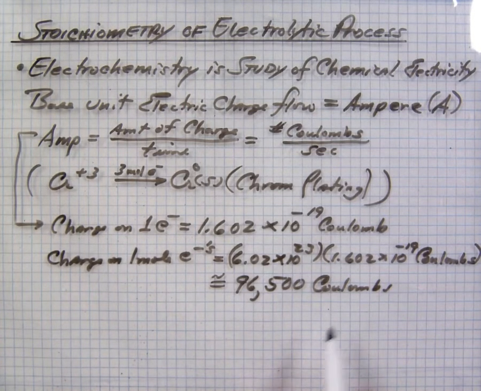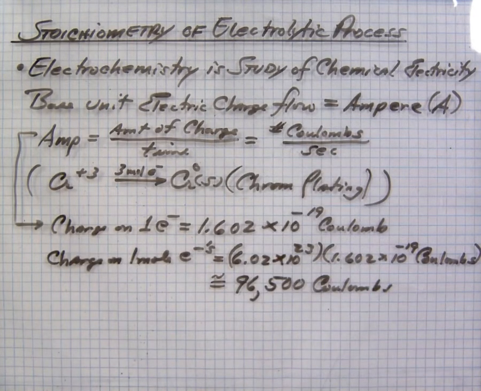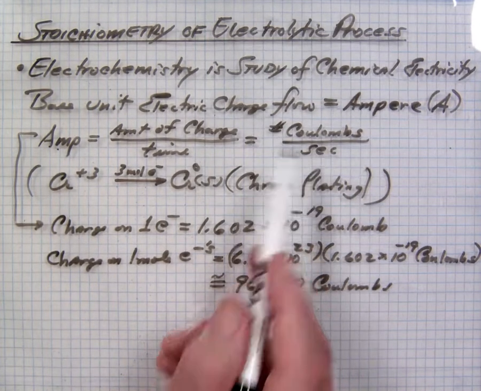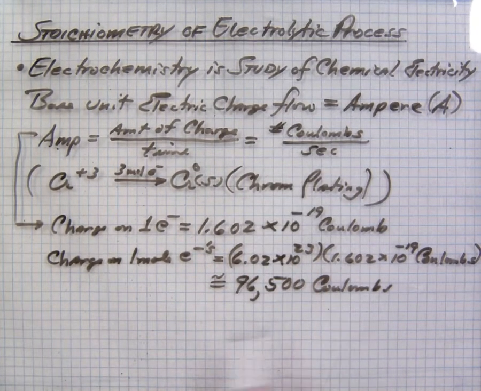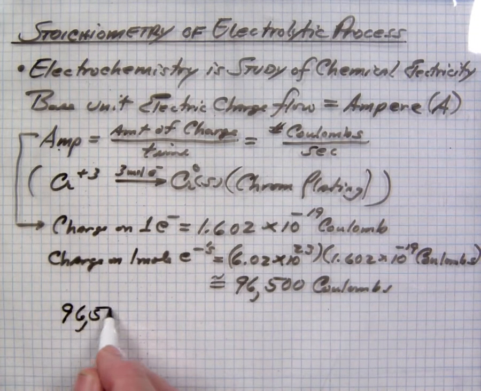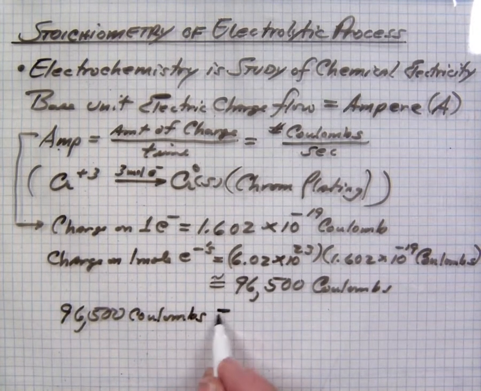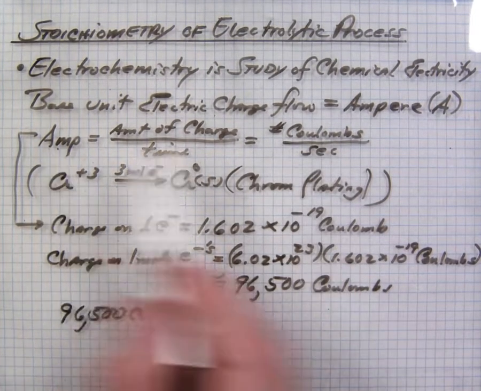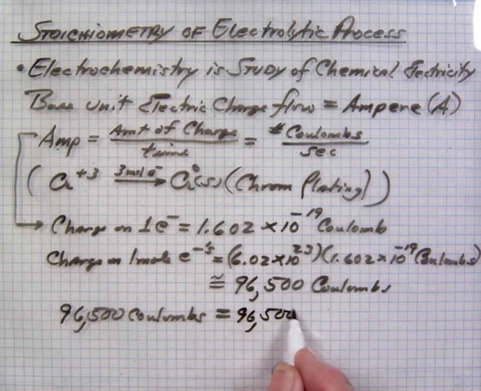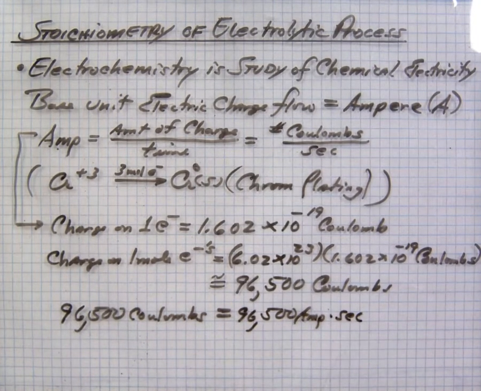Well, in terms of coulombs, amps, seconds, an amp, of course, is a coulomb per second. So what we're going to do is say 96,500 coulombs is also, if I take coulombs and multiply both sides by seconds, 96,500 amp seconds. Now that's just a unit.